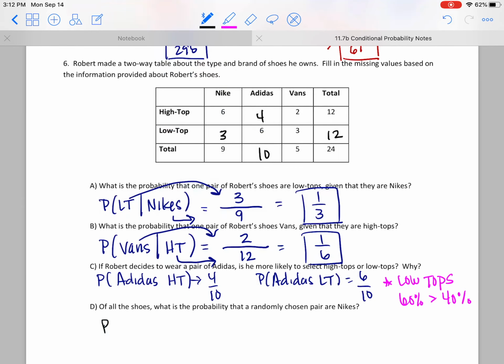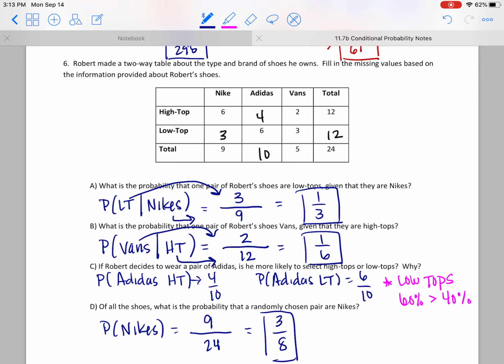Of all 24 pairs of shoes, how many Nikes do we have? There are 9 total pairs of Nikes. So 9 out of 24, and that's going to reduce to 3 out of 8. And that's that.